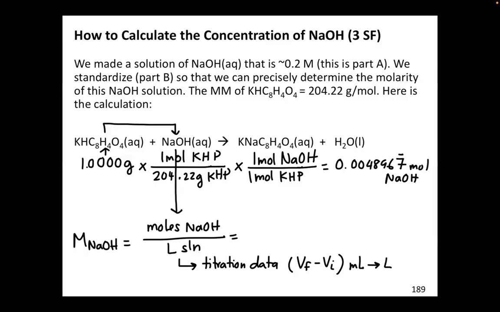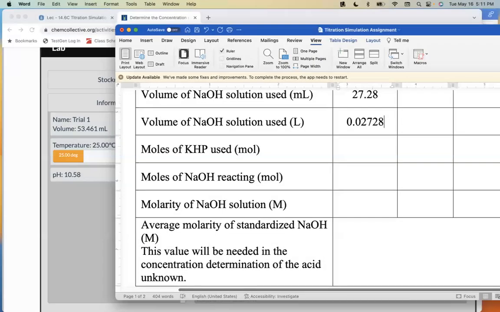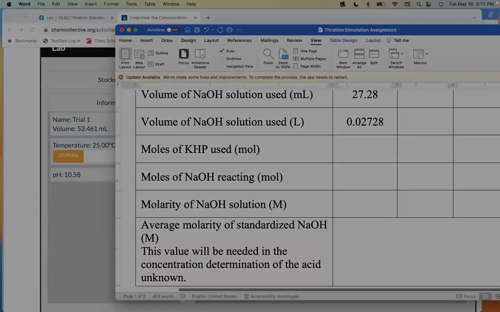Then we're going to plug it in. 0.004967 mole for every liters. So I forgot what the volume was. So let me go back and get that number. It was 0.02728.